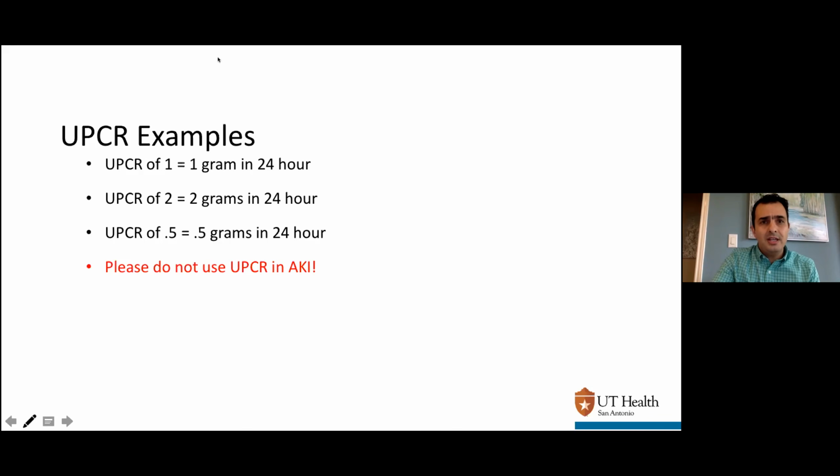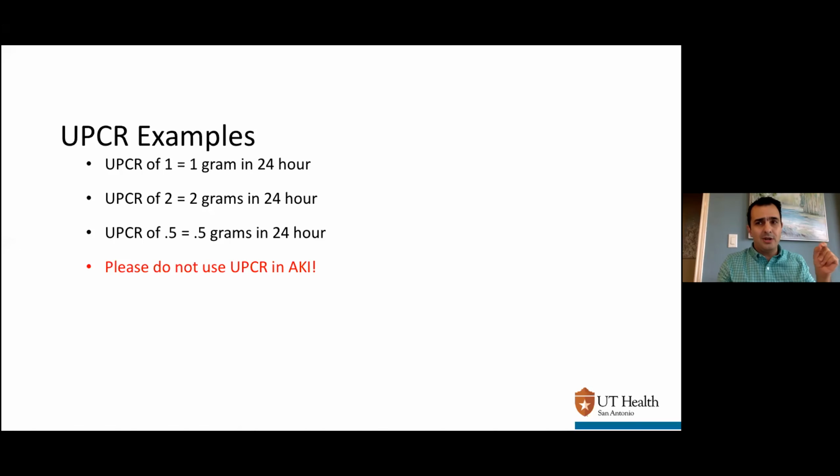Very important that you should not use UPCR to quantify proteinuria in AKI. If you have a patient in the hospital with AKI, the amount of urine creatinine is very low, because obviously the patient has AKI and the kidney is not functioning well. So the amount of creatinine in the urine is really slim.